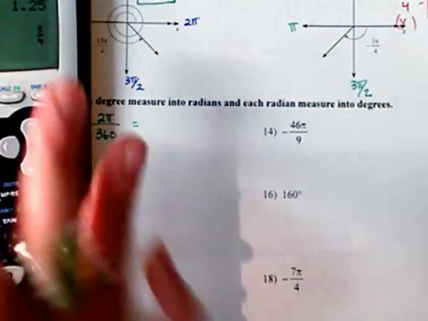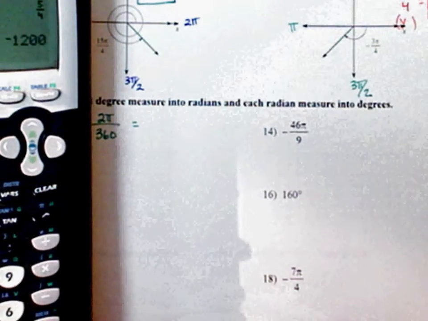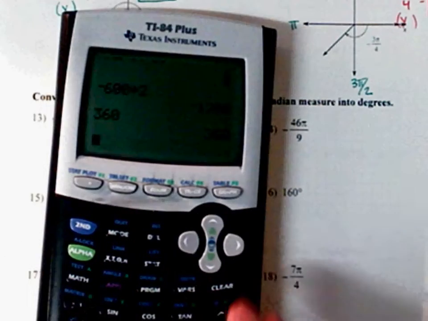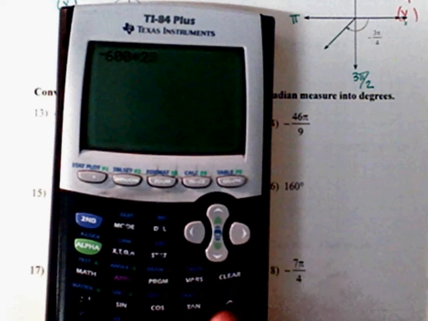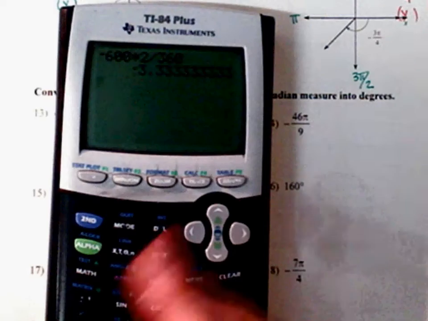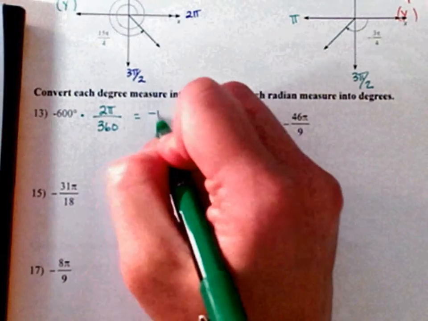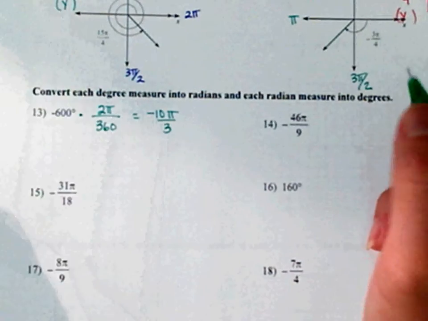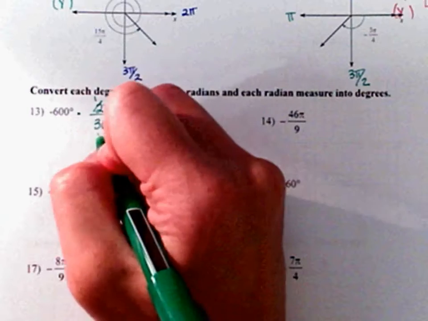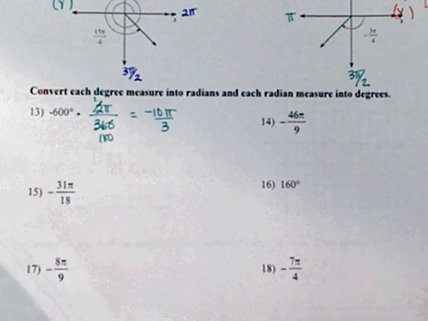So, take negative 600 times 2 divided by 360. That is the same thing as negative 10 pi over 3. Okay? Or you can do it like this: negative 600 over 180 is negative 10 pi over 3.